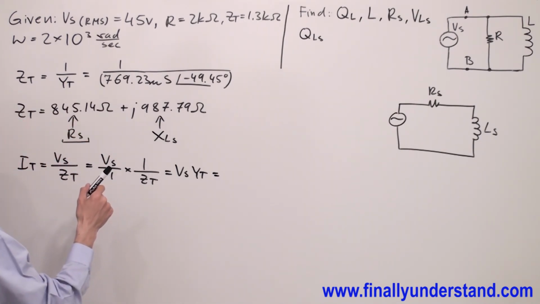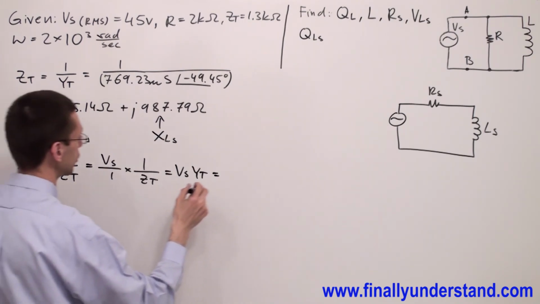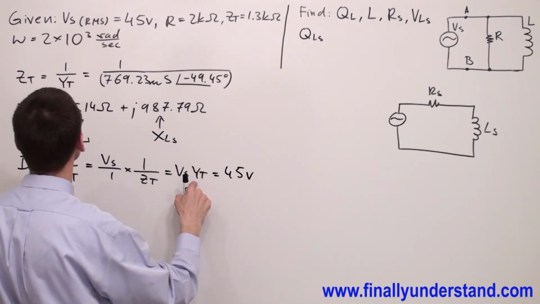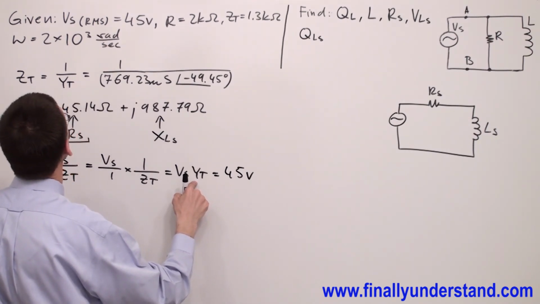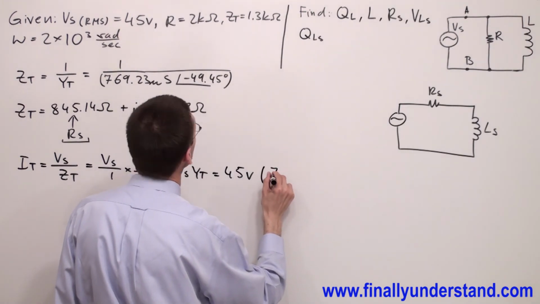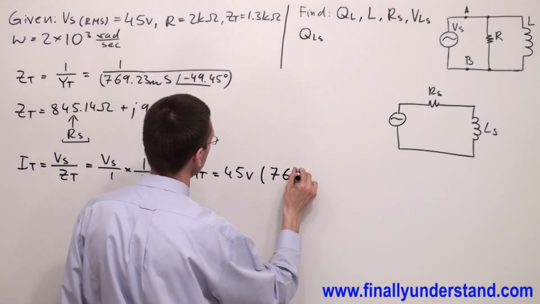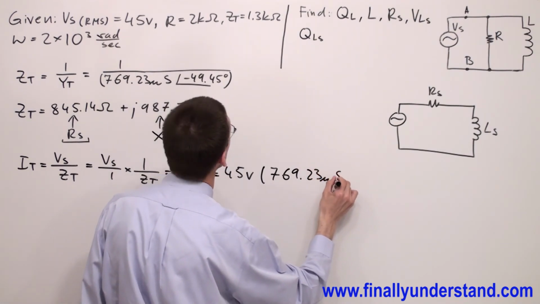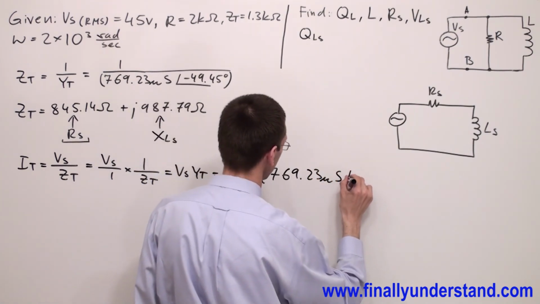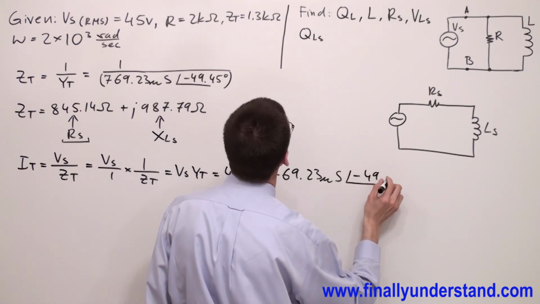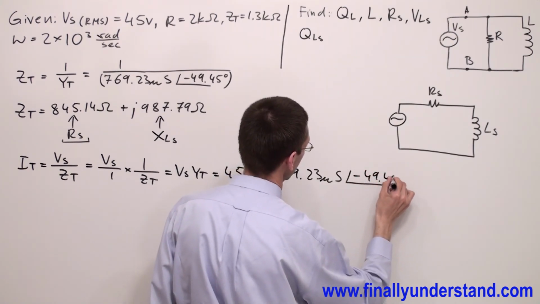So I have voltage source equal to 45 volts times Y total, which is equal to 769.23 microsiemens and angle of negative 49.45 degrees.